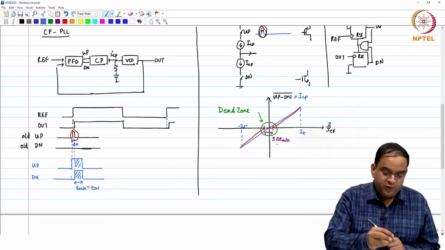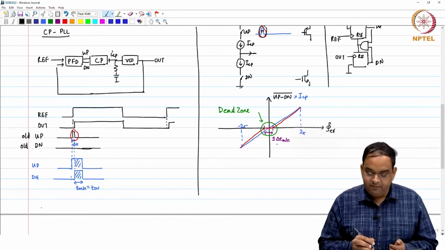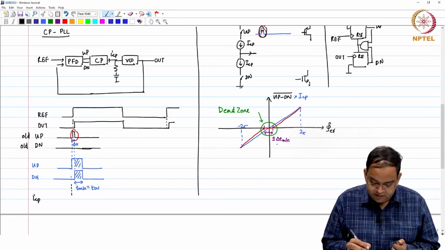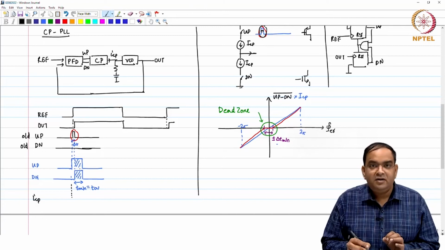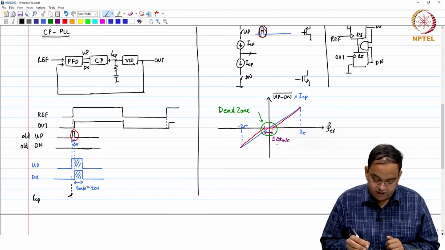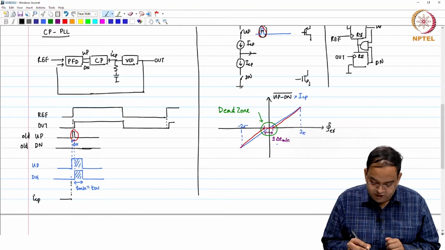So, in response to this, if we can somehow implement it, you will see that if I provide minimum time for the switch to turn on, then current will also flow for now. So, what we have here is our ICP goes high and it remains high for this time.